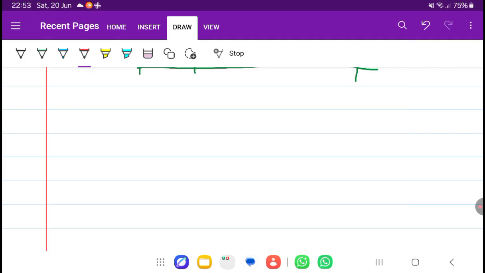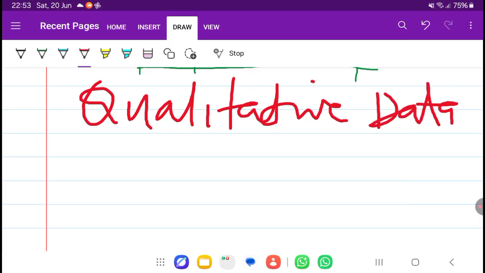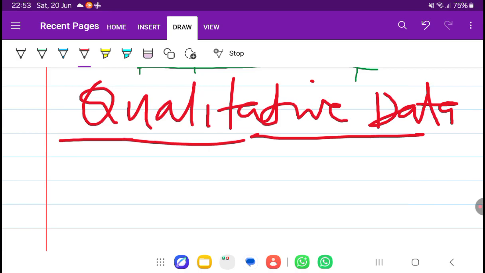So we need to understand how we present the qualitative data. Of course, we say that this is more of category names. Maybe we just look at one example, then we'll be able to understand.